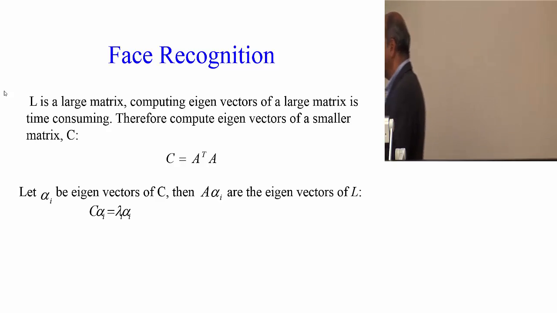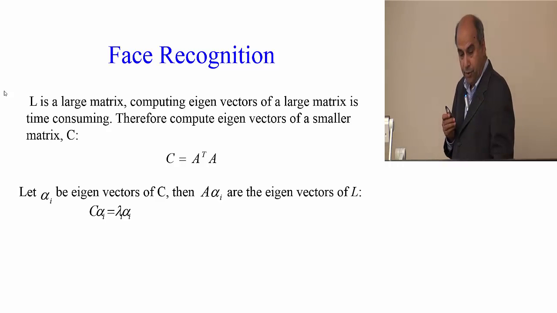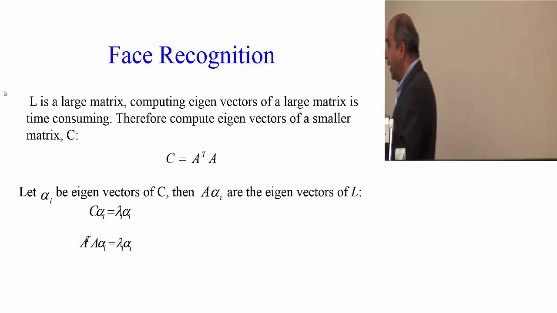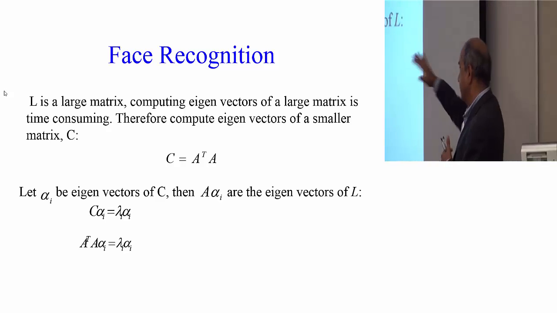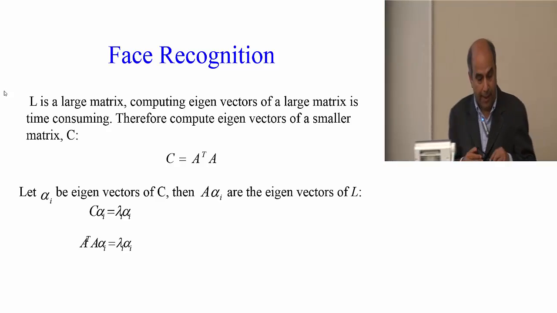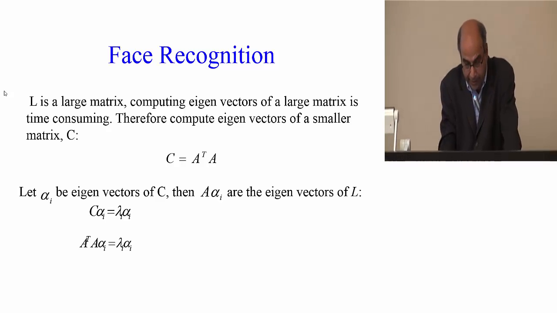Since alpha I is an eigenvector of C, it satisfies the constraint that C alpha I is equal to lambda I alpha I, where lambda I is the eigenvalue. Then we define C as A transpose A, so we have A transpose A alpha I equals lambda I alpha I. That's just the definition.